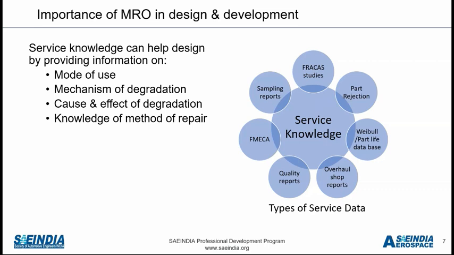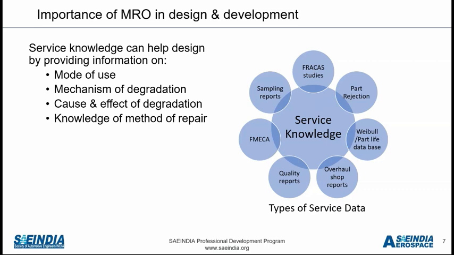Okay, then not only the mechanism, but we will also know the causes and effects, which will again help us in improving the design, in terms of making sure that we are preventing those causes, or providing information to the operators or users that these need to be used in these ways. And then knowledge of method of repair.